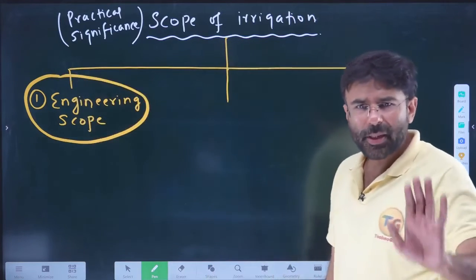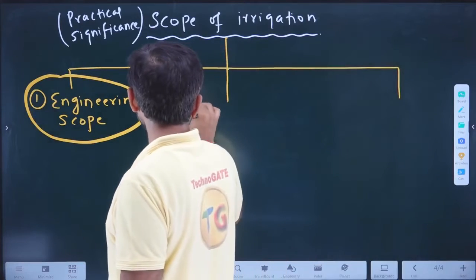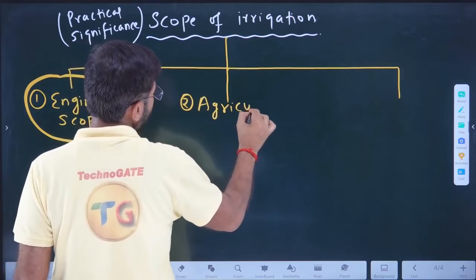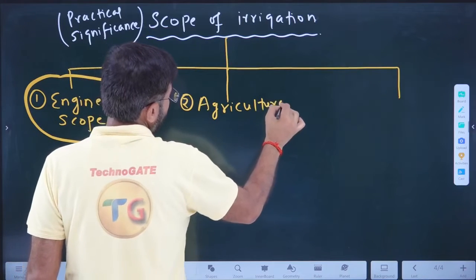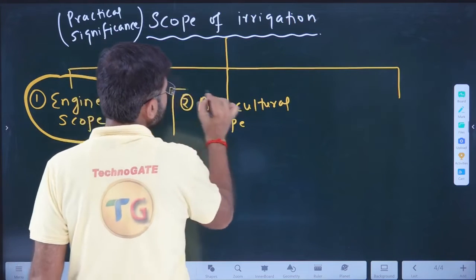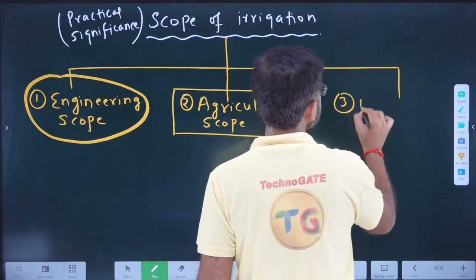So the first scope is the engineering scope. I'll discuss in detail. The second scope is the agricultural scope. And the third scope is the managerial or management scope.